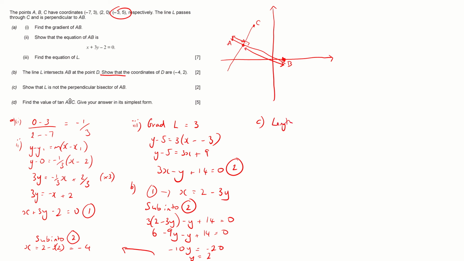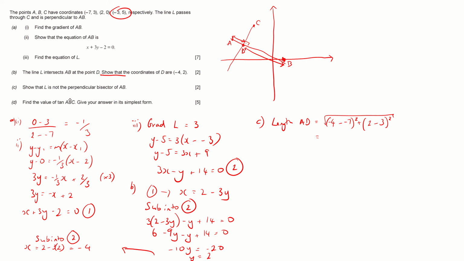Now, don't forget that this coordinate was called D in the middle. So we need to find the length of AD and the length of BD and prove that they're not the same as each other. Therefore, they're not equal and it's not a perpendicular bisector. So that formula with the square root. It's going to be minus 4 for D's x coordinate, take away minus 7, squared, plus, now we want the y coordinates of D and A, which are 2, take away 3, squared.